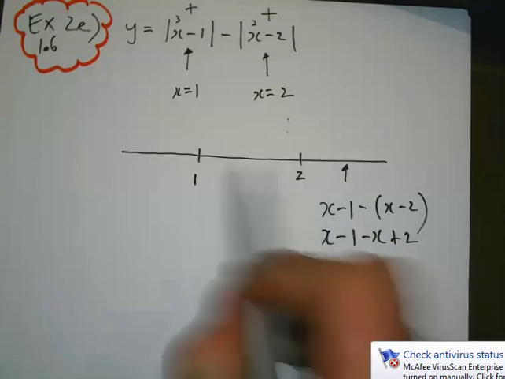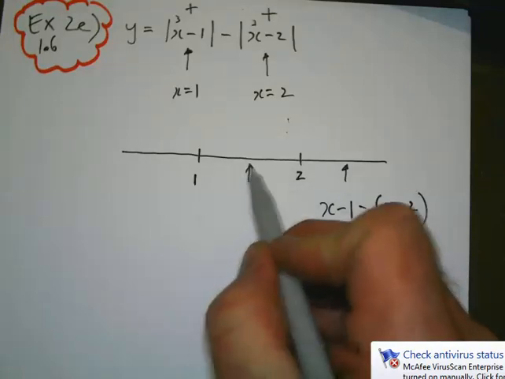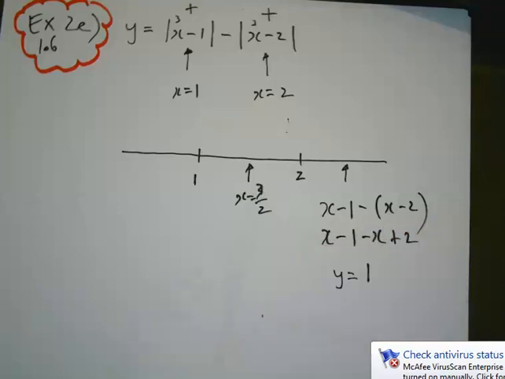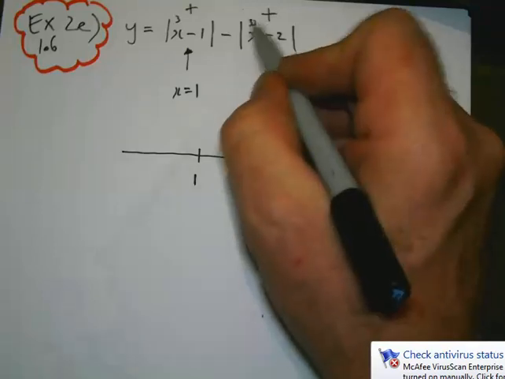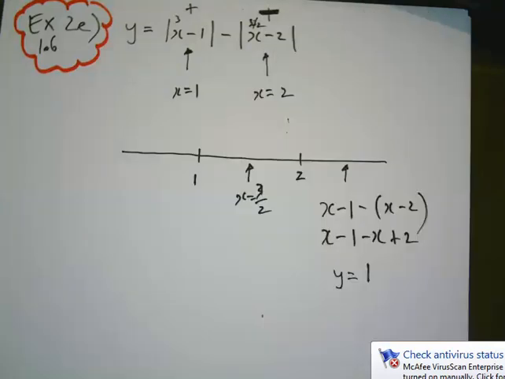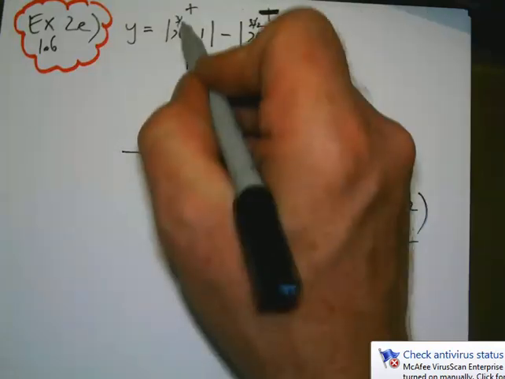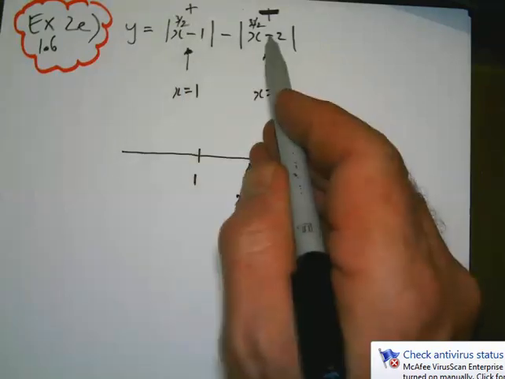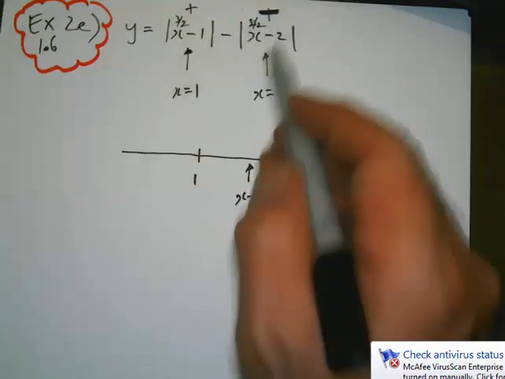A value in here, for example, x equals 3 on 2. When I have 3 on 2 minus 2, that's going to be negative. When I have 3 on 2 minus 1, that's going to be positive. So that's positive, but that's negative. This one needs to be multiplied by negative 1.